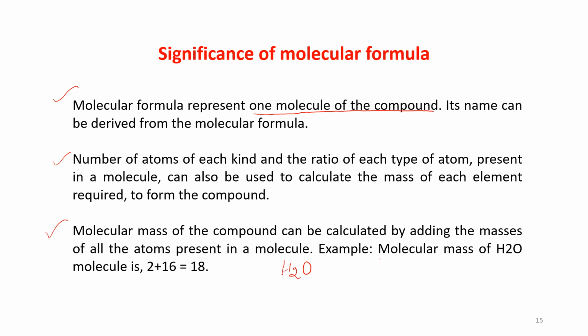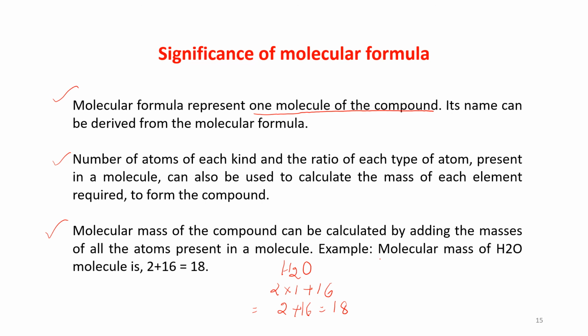You know that atomic mass of hydrogen is 1 and here we are having 2 atoms of hydrogen. So, we can write 2 into 1 plus 1 atom of oxygen. The atomic mass of oxygen is 16. So, we can write it as 2 plus 16, which equals 18. So, molecular mass of H2O is 18.